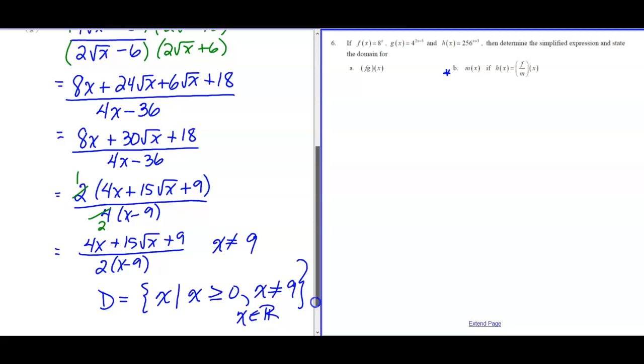It's m of x here, where h of x equals m divided by m. Well, if we want to get m of x, then m of x equals f of x over h of x.